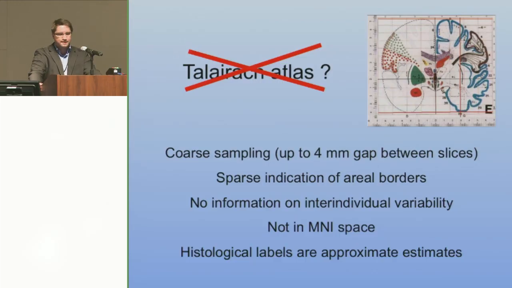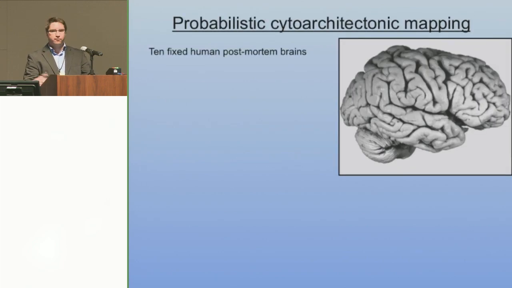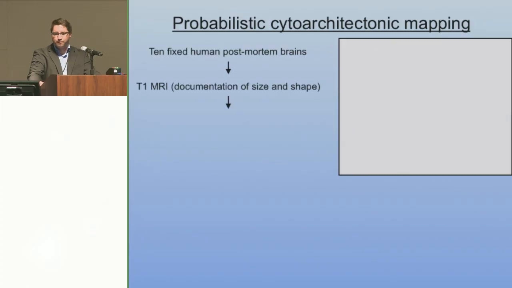Now, as has already been introduced this morning, probabilistic cytoarchitectonic mapping represents a new approach to charting the cerebral cortex that overcomes many of these problems. I will briefly review the process. So we start out with 10 fixed human post-mortem brains, and these are then scanned to document the size and the shape of the brain.